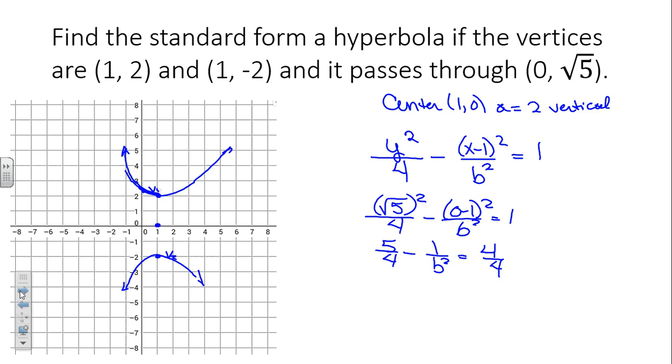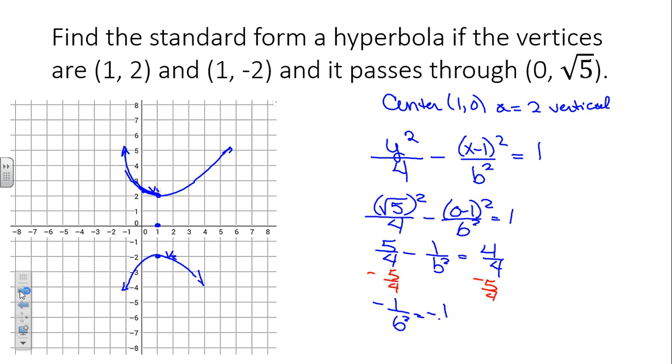So to solve this, we need to take that 5/4 to the other side. So we subtract 5/4 from both sides. We'll get what? Negative 5/4 and a positive 4/4 is negative 1/4.